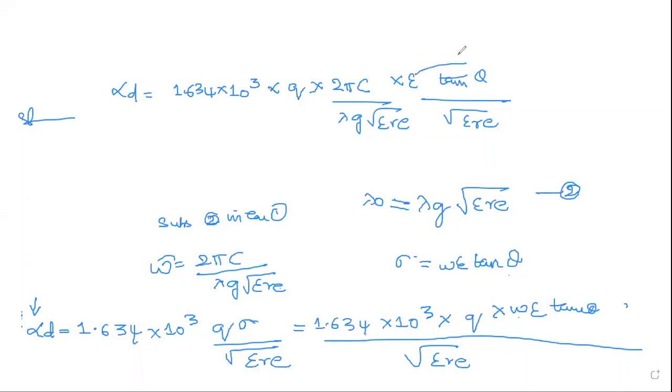For epsilon, you can substitute epsilon naught into epsilon r. Epsilon r will be here. For epsilon naught, you can write 8.854 into 10 to the minus 12. Lambda g will be multiplied.